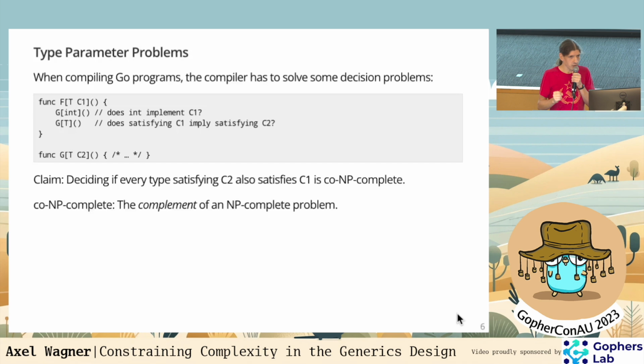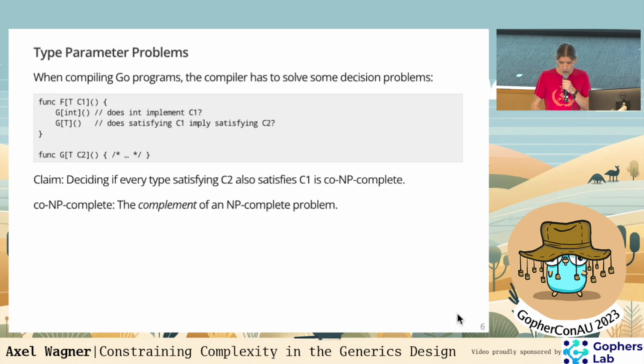With our type checking problem, the answer is a type that would satisfy C1 but does not satisfy C2, which is then easy to check, but that is a no answer. In this case, the implication is false. But in terms of difficulty to solve the problem, both are the same. You just answer yes instead of no, or no instead of yes, but you have to solve exactly the same level of complex problems.